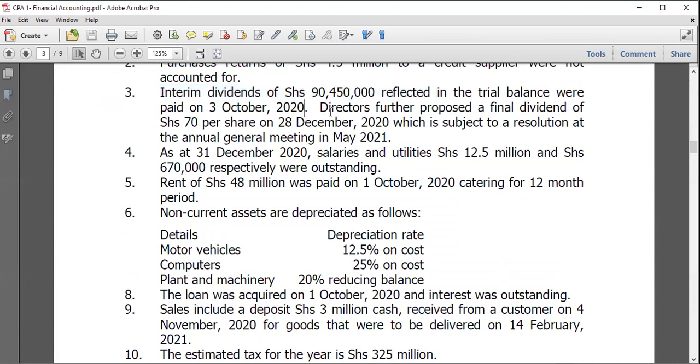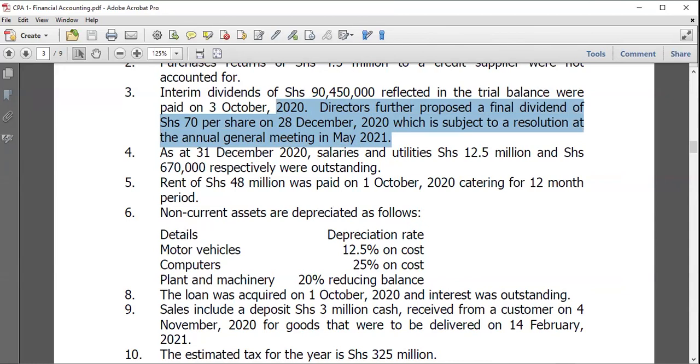Directors further proposed a final dividend, which is subject to resolution in the annual general meeting on May 2021. So these are basically proposed dividends. What we only do with them is disclosure. We just disclose them in the accounts, but they are not yet valid dividends. Okay, so that is what would happen there.